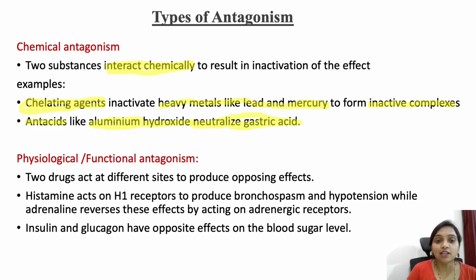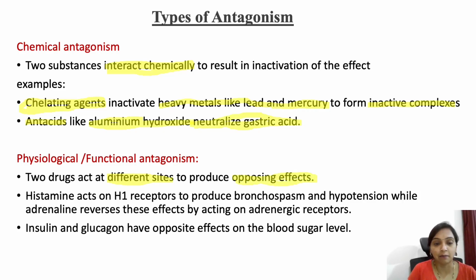Physiological antagonism or functional antagonism means the function is affected. Whatever function one drug has, it is opposed by the other. They will not act on the same site, they will act on different sites or different receptors, but they produce opposite effects. Effects are very important here.